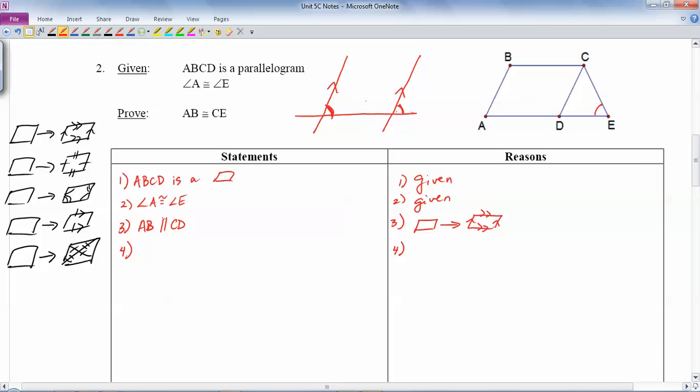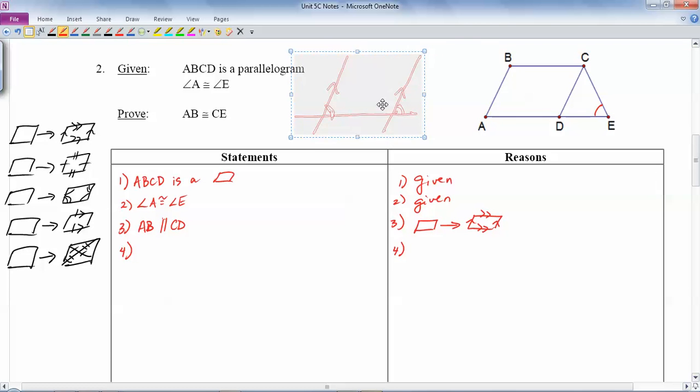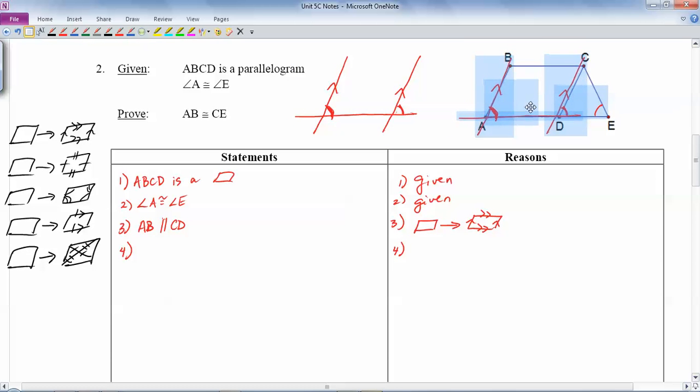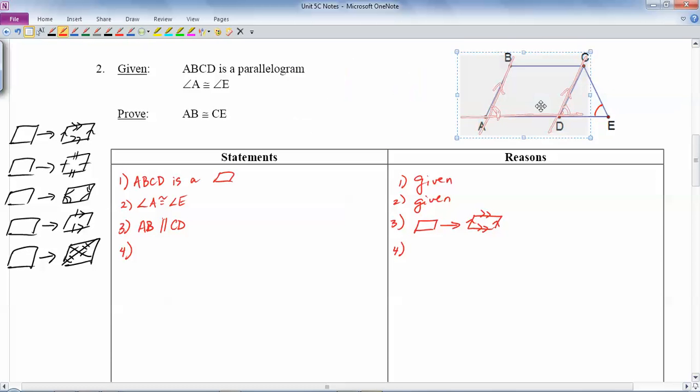So I can say, let me put this back, angle A is congruent to angle CDE. And that's because parallel lines give us corresponding angles that are congruent.